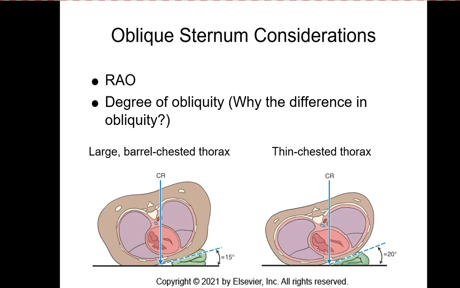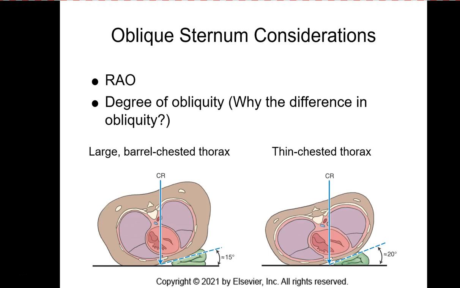Well, what's the benefit of that? Because it's such a thin bone, if you put it in front of a thicker heart muscle, it helps with added density. It helps to visualize that thin bone better. The degree of obliquity required is dependent on the size of the thoracic cavity, and that's what we see demonstrated here in these pictures.